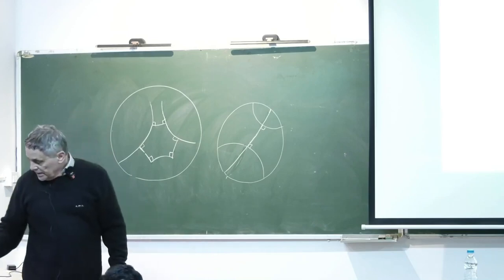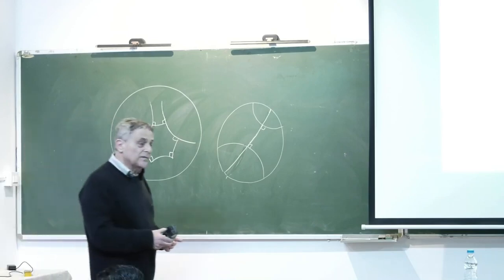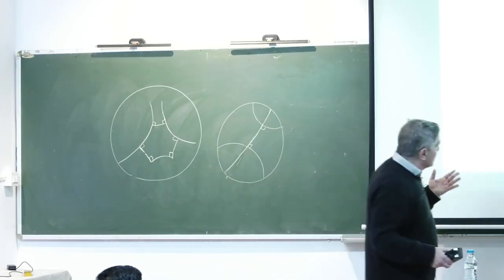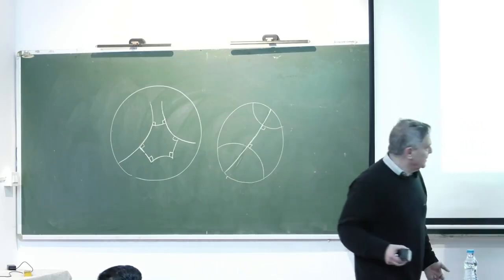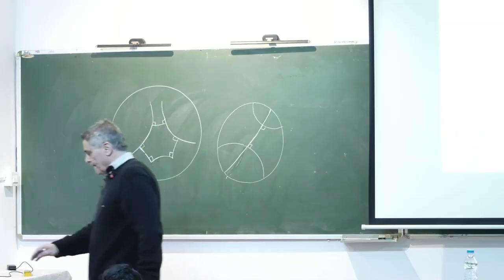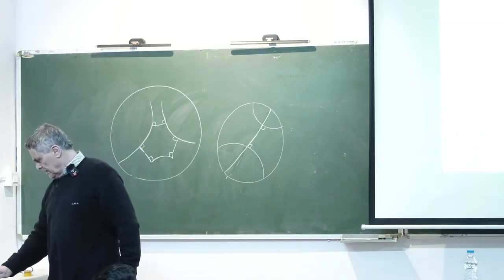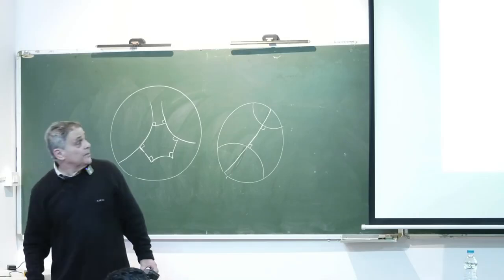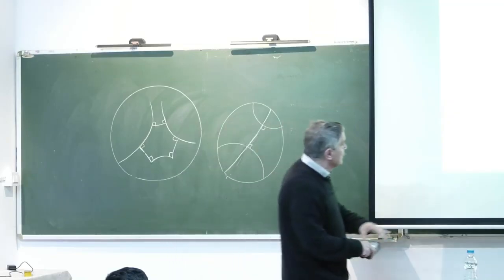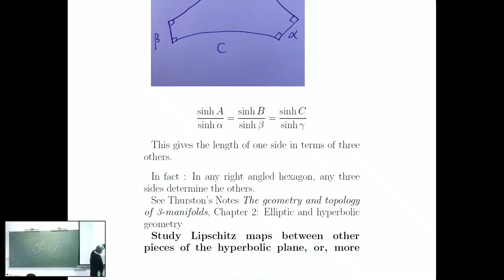This is, again, the fact that the space of right-angled hexagons is a three-dimensional space. This is what I just explained: any right-angled hexagon, any three sides determine the others. This is in Thurston's notes, chapter 2, which is called Elliptic and Hyperbolic Geometry. Elliptic, he means the sphere.